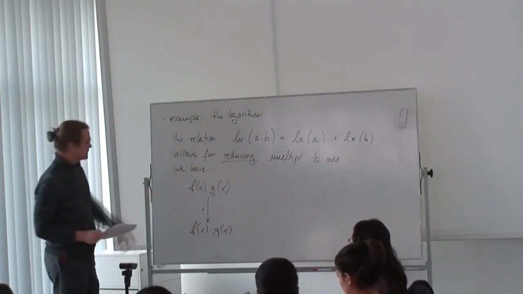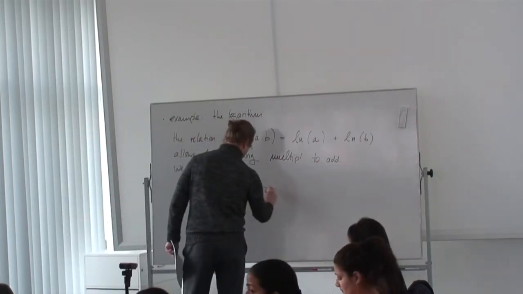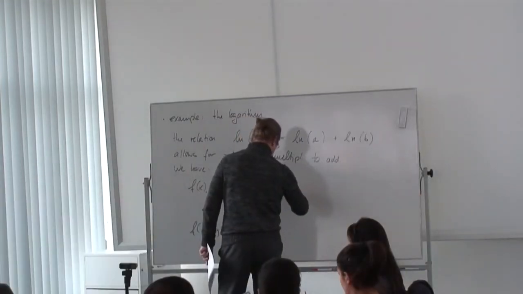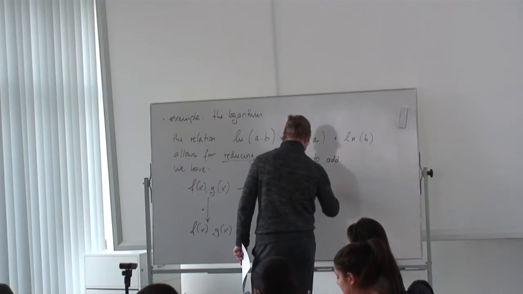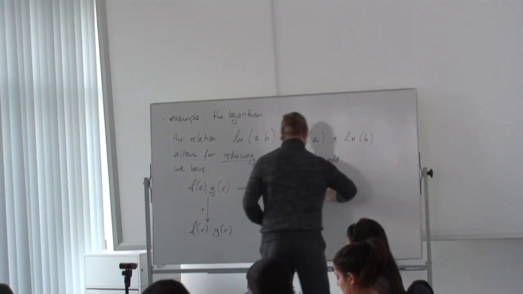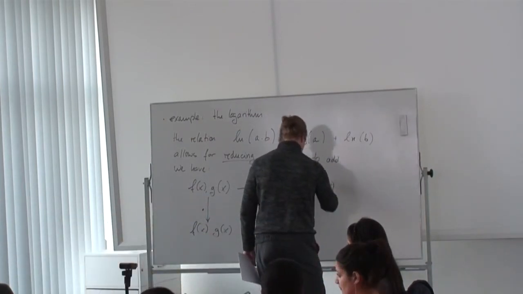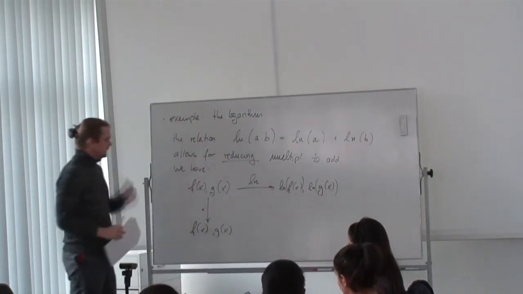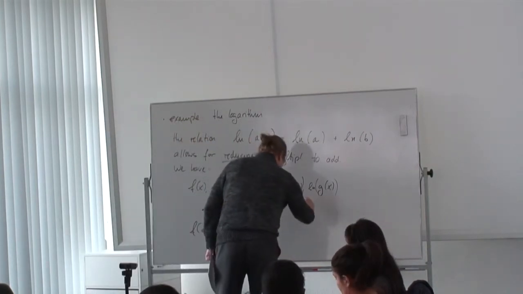Instead of computing the multiplication directly, we may first take the logarithm to get ln f of x and ln g of x. I probably should stick to all these parentheses. Once we have done that, we may add these two new functions.